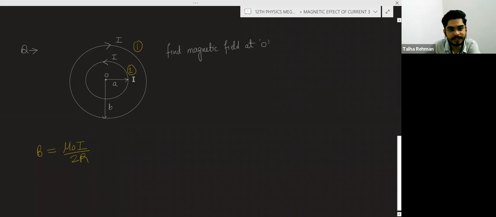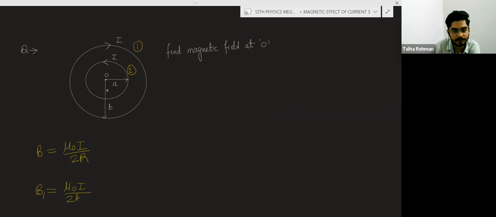For calculating the magnetic field for wire 1, you will write B1, you will apply mu naught I divided by 2 into the radius of this bigger wire. The bigger circular wire is B, so you will write 2B. For B2, similarly you will write mu naught I divided by 2A.